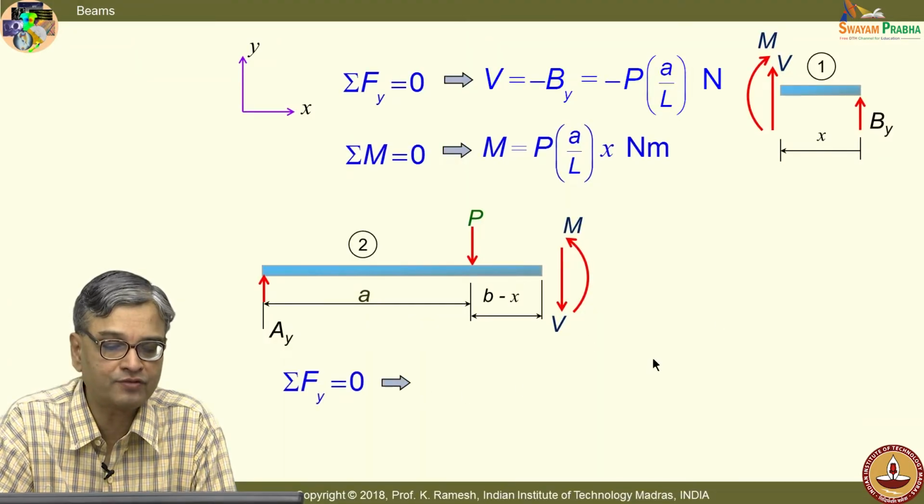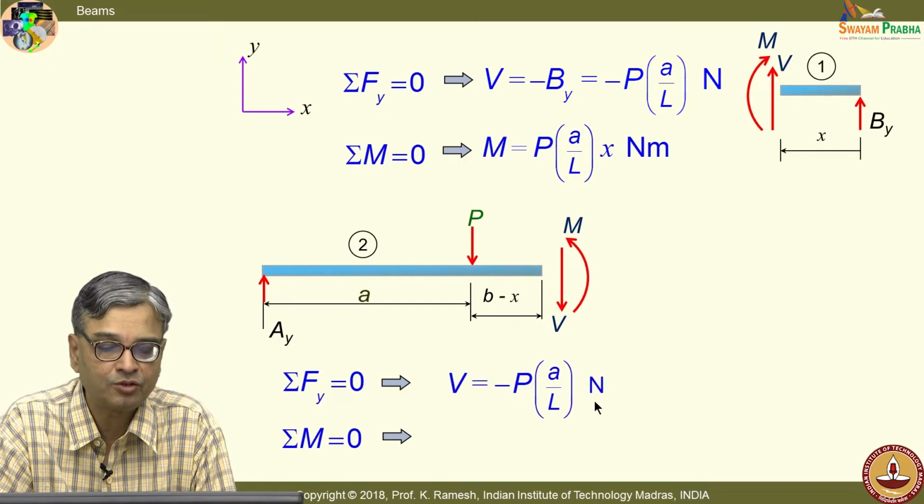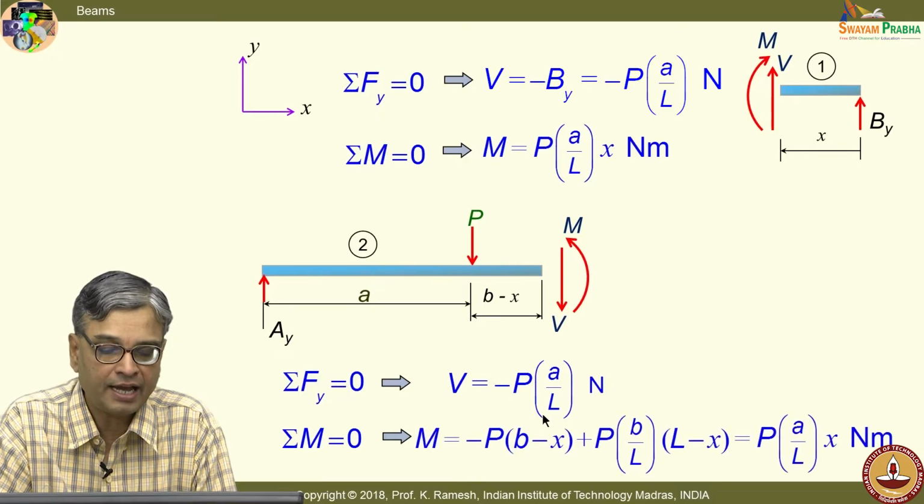I put sigma Fi equal to 0. So, I get V equal to minus P A by L newtons, and I write this moment as minus P into B minus X, because it produces a... I have put it on the other side.